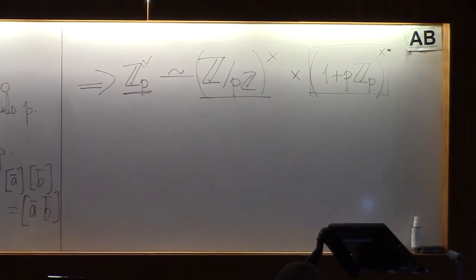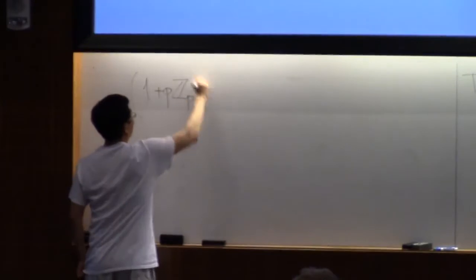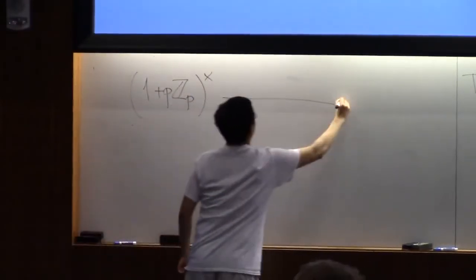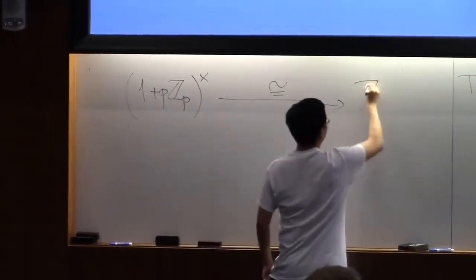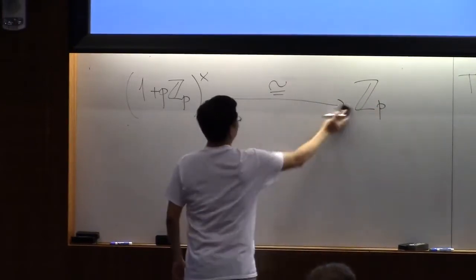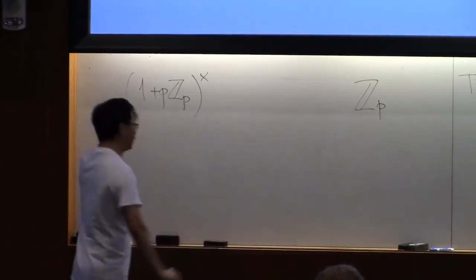Here's the first step into the p-adic analysis. I want to say that this is the same as Z_p. Actually, you know what? There are two maps.